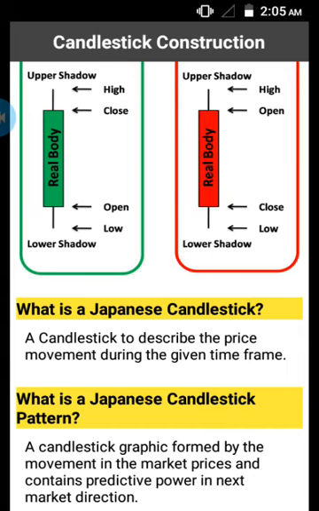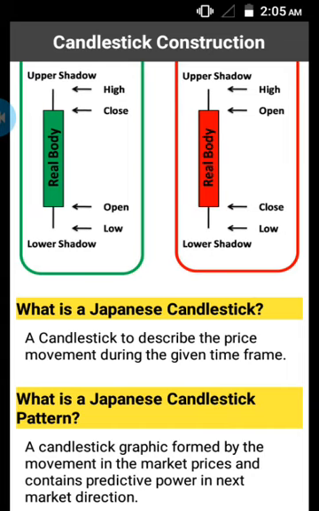Now let us begin with explaining what a candlestick is. First of all, candlesticks were founded by the Japanese rice traders, rice merchants. They used the candlestick constructions or formations to set the prices for their product, and to see the demand and also the supply of their product.